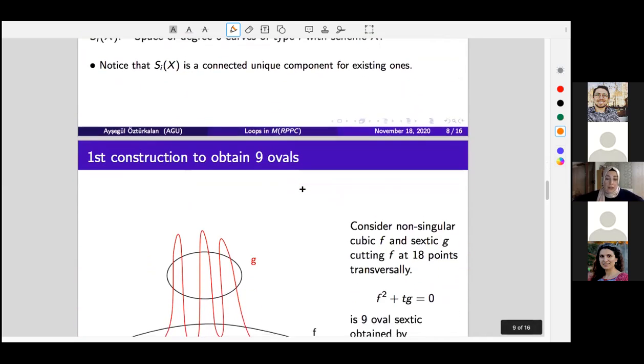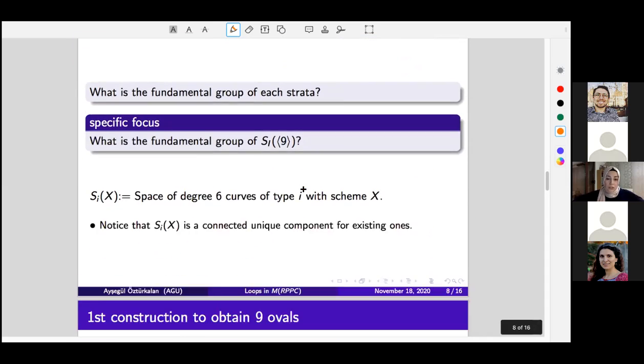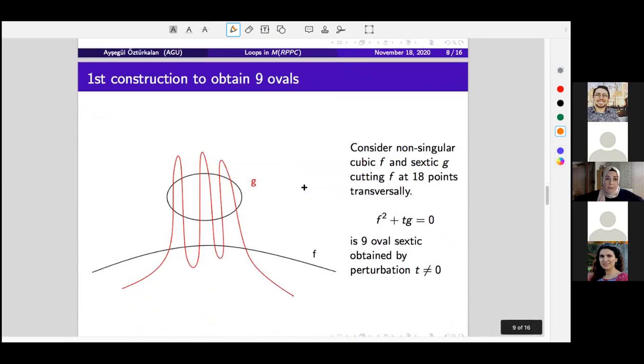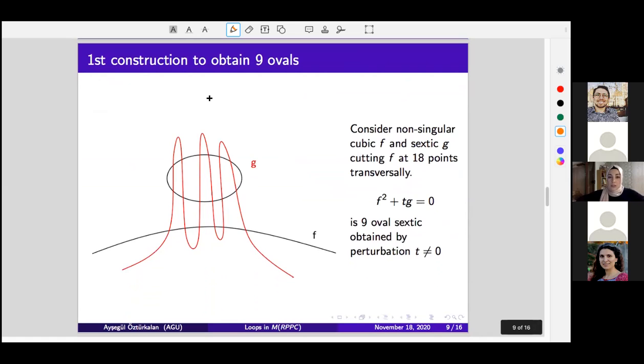So I have 2 different constructions to understand this. The first construction to obtain 9 ovals is this way. Here we consider a non-singular cubic F, with one component here and another oval here. And a sextic G, a degree 6 curve.